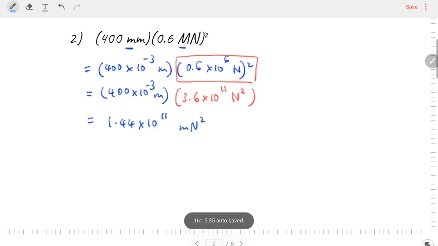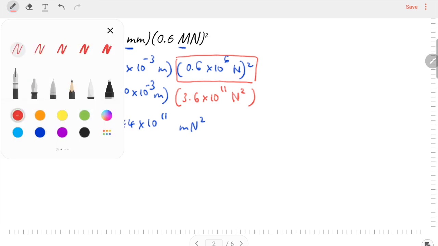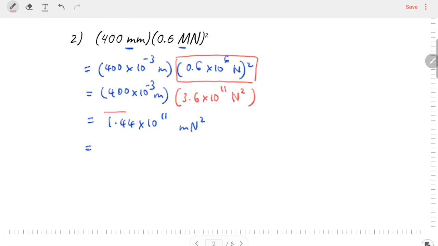We know the prefix are usually in the multiplication of 3: 3, 6, 9 or negative 3, negative 6, negative 9. So we can convert this 1.44 into an equivalent exponential value of 144 multiplied with 10 to the power of negative 2. So it gives the same value of 1.44. You carry over the 10 to the power of 11 downwards.